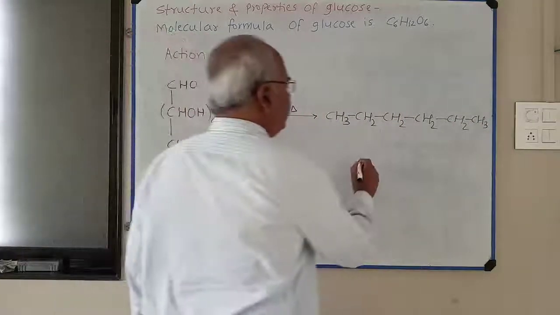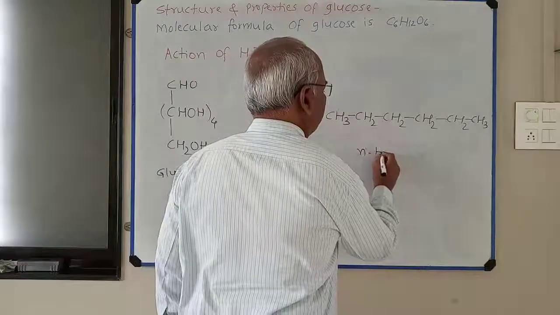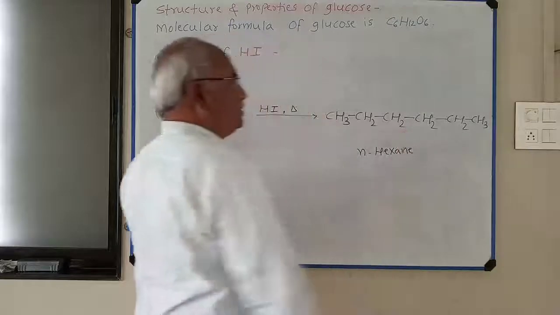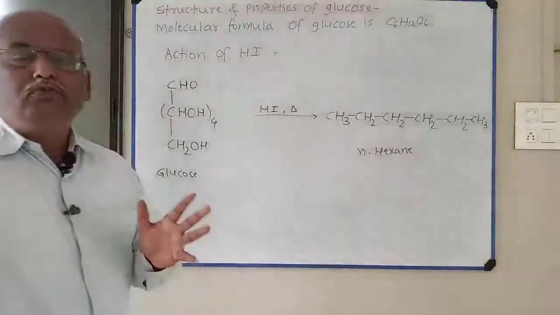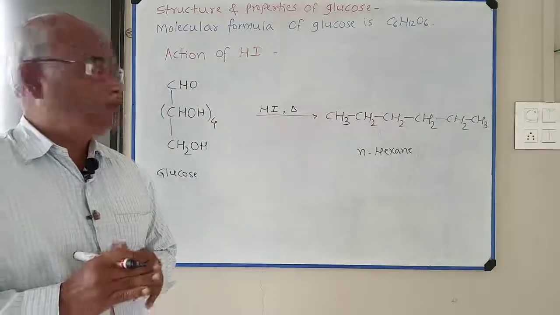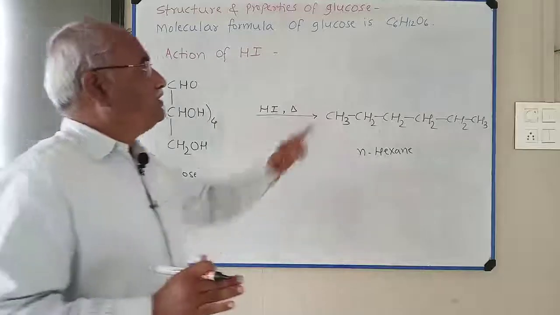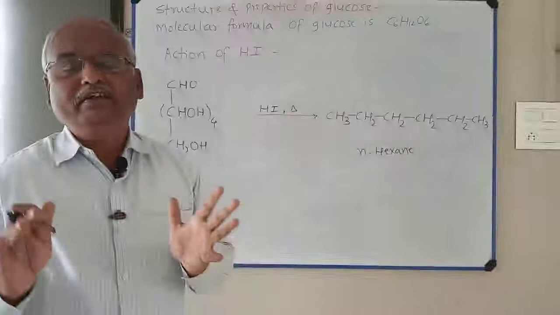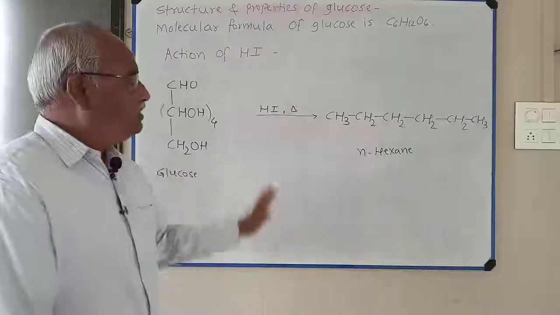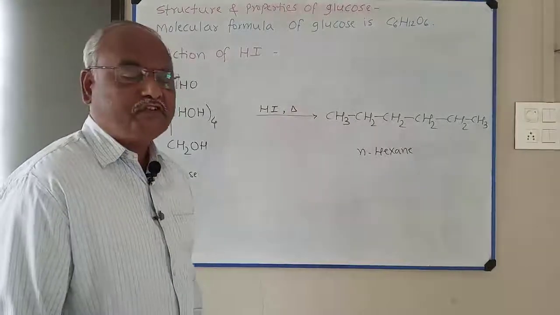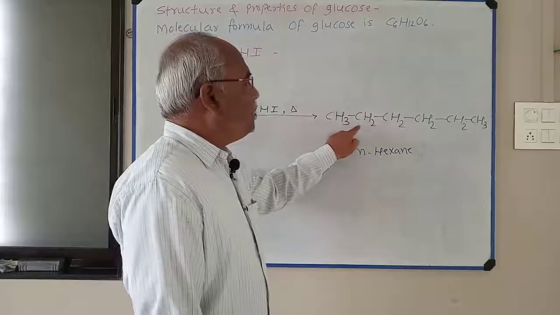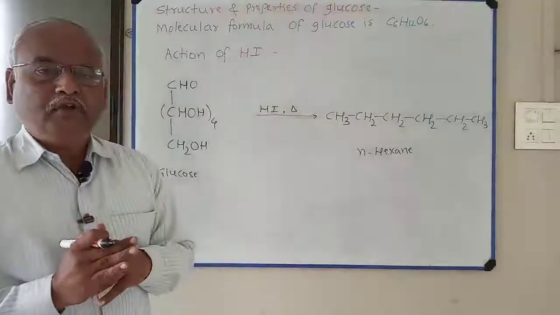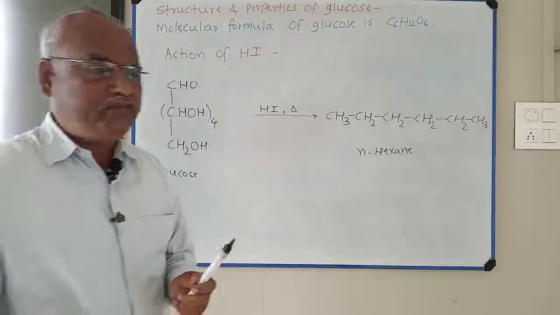This normal hexane is produced. The formation of normal hexane indicates that the 6 carbon atoms in glucose are in a straight chain. This reaction explains the carbon atoms of glucose are present in straight chain. So this is the first evidence.